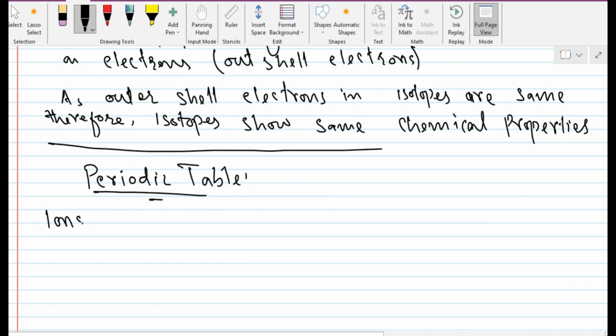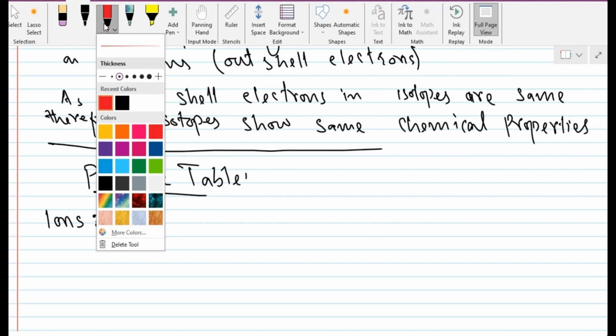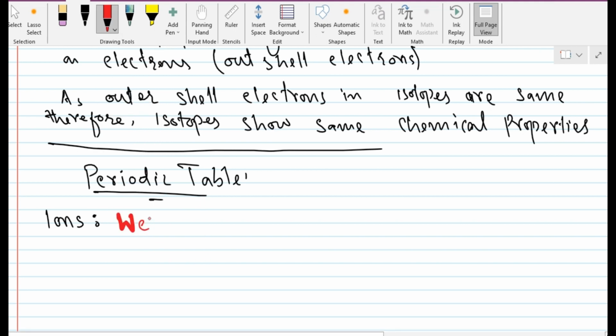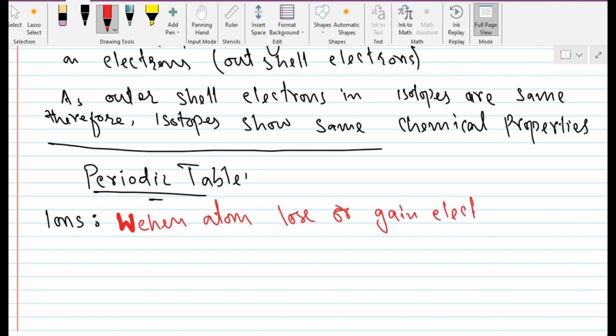When an atom loses or gains electrons, it becomes an ion.